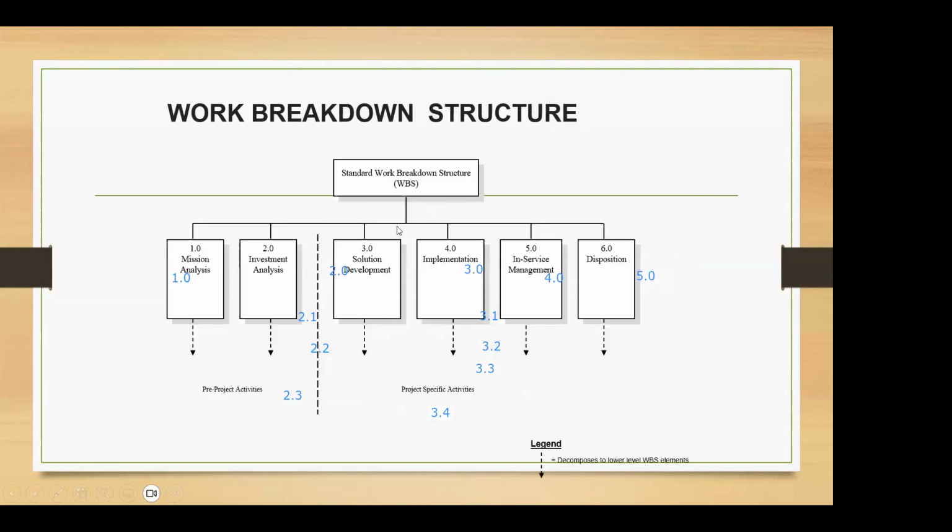Right. So your standard work breakdown structure, as I said, if we start with 1.0, the first ones, in this example, the first two stages are pre-project activities, and after that only you will start the project specific activities.